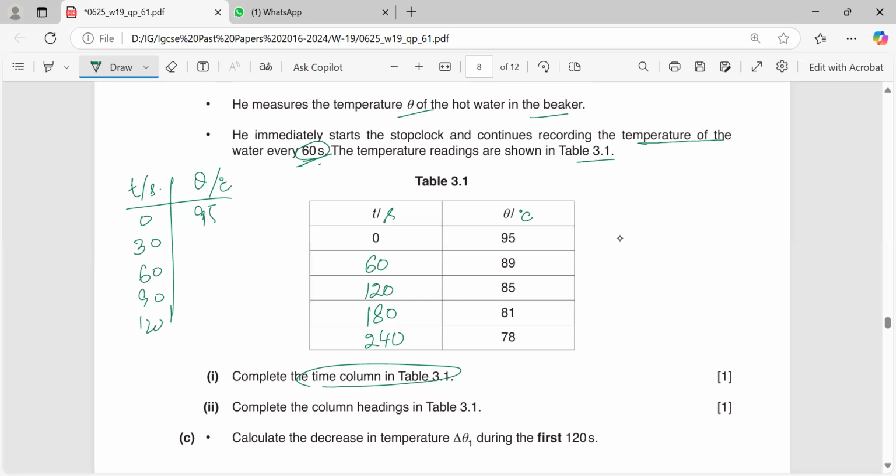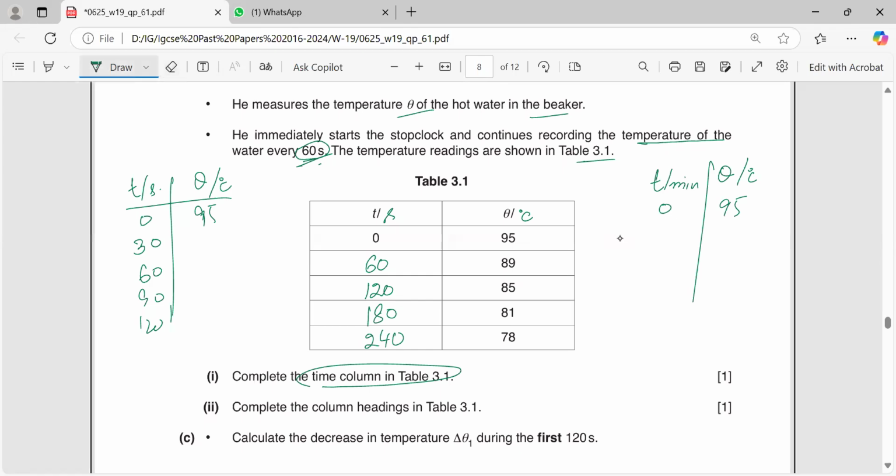But if the time is already mentioned in minutes, and theta in degree Celsius, with starting temperature still 95, and he says every half a minute, then how to write here? It will be 0, then 0.5, then 1.0 because it is in minutes, then 1.5, which means 90 seconds, then 2.0, which means 120 seconds, and so on.